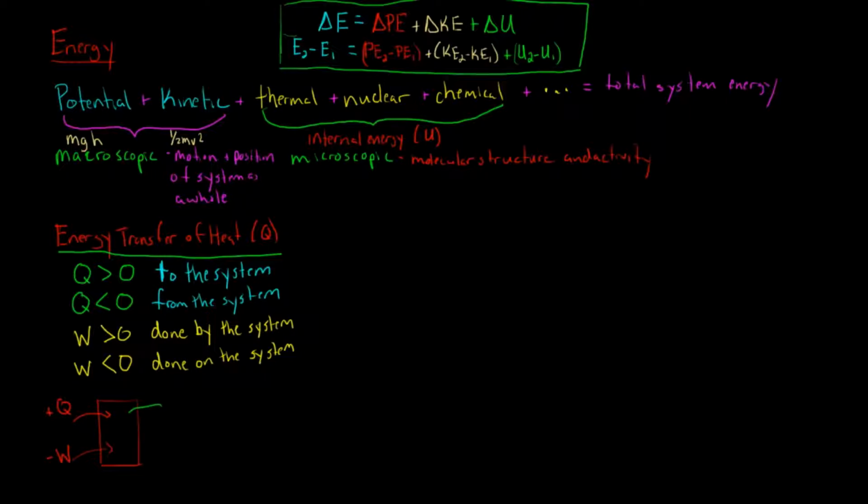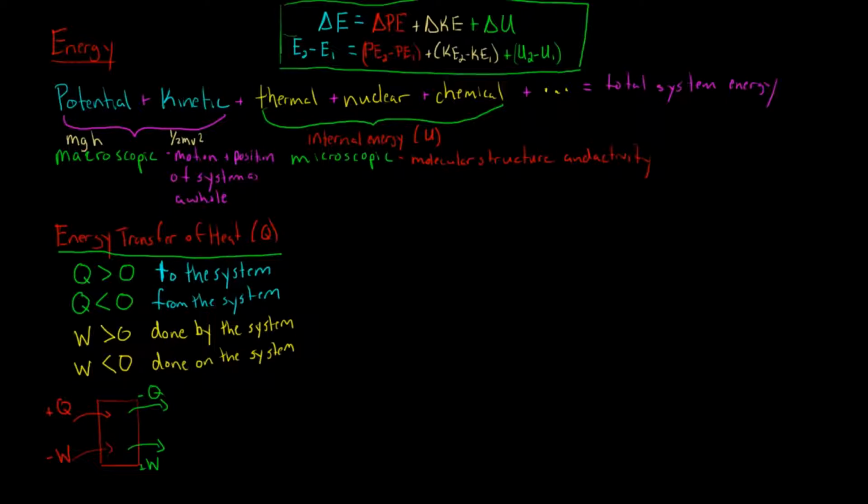If we have heat coming out and we have work coming out, if work's coming out, work is going to be positive, and if heat's coming out, heat's going to be negative. So they're opposite of each other. The sign convention is opposite. So just take a moment, make sure this makes sense in your mind. It's pretty important.